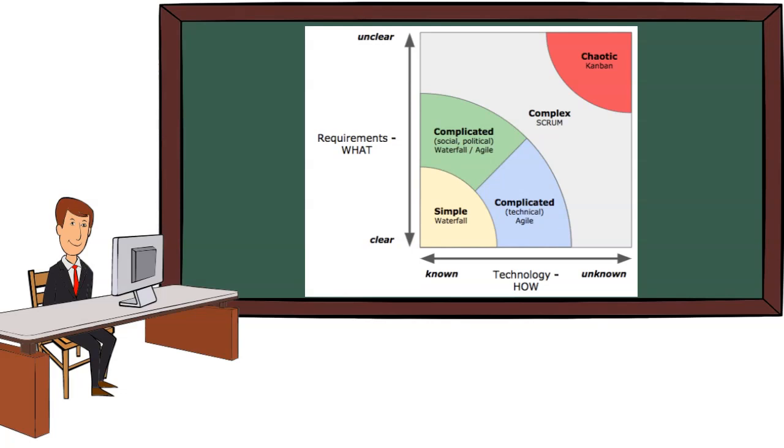And as we get into complex, then we will be using the Scrum framework. And Scrum is something we're going to be talking a lot about moving forwards. If we get to the chaotic stage at the top right, then Kanban would be a good approach. So hopefully this graph gives you a clear indication of when Agile would be good, when Waterfall would be best, or ultimately when both could be used simultaneously.